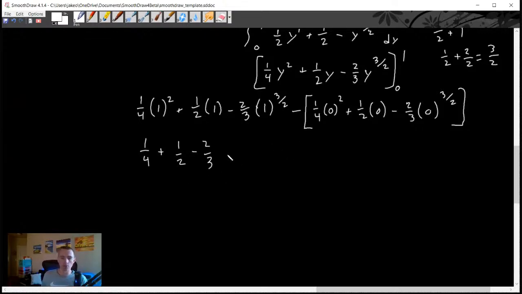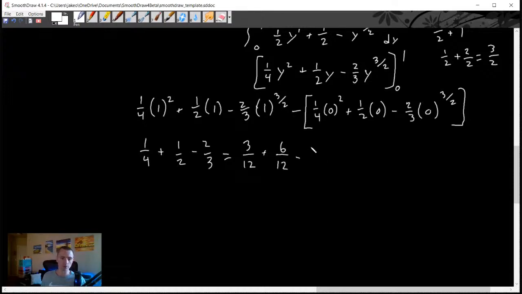So now we want to add up these fractions. We're going to need a common denominator. So 12 is probably our best bet. 3 times 4 gives us 12, which is divisible by 2. So 12 is the best common denominator here. So 1/4 is the same as 3/12. 1/2 is the same as 6/12.